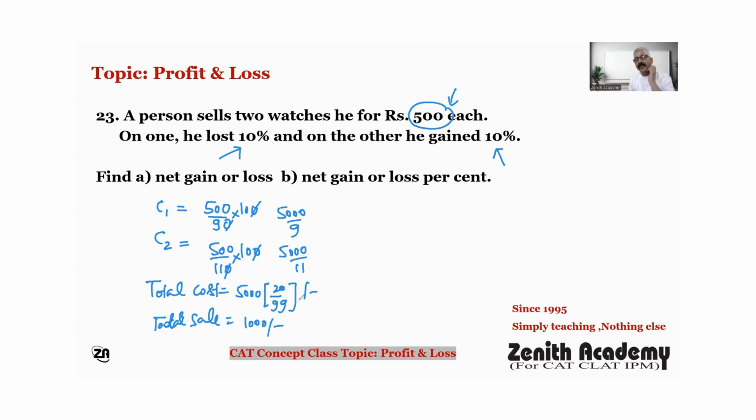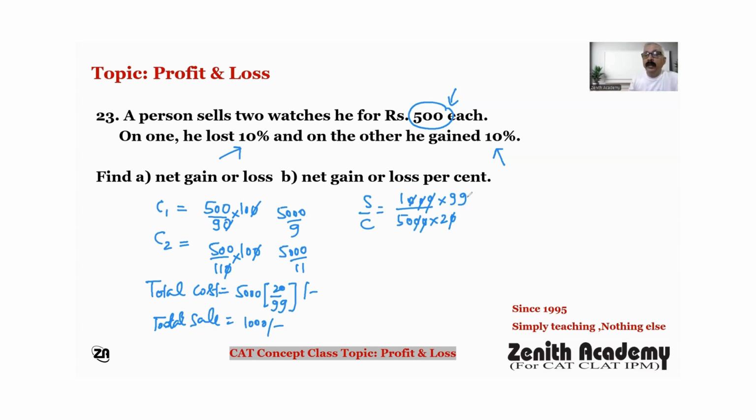So now to decide whether it is a case of a gain or a loss, as I already told you, find the S upon C ratio. What is S? S is 1,000 and cost is 5,000 into 20 upon 99. It is okay.